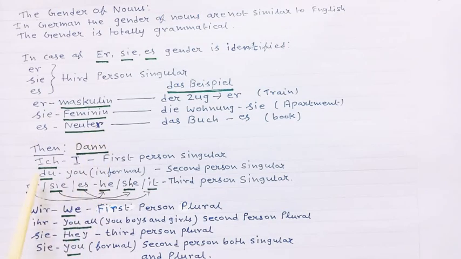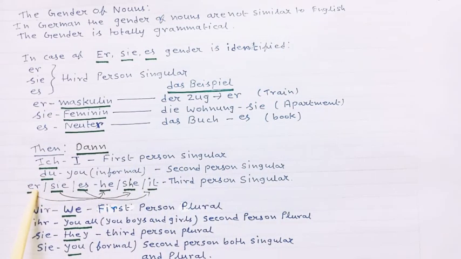Then, ich, I, first person singular. Du, you, informal, second person singular. Er, he; sie, she; es, it, third person singular. Wir, we, first person plural.